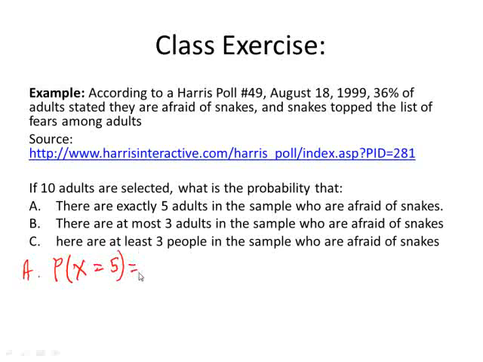So am I going to choose binom CDF or binom PDF? I'm going to choose binom PDF, and it takes 3 parameters: n, p, and x. So n is 10.